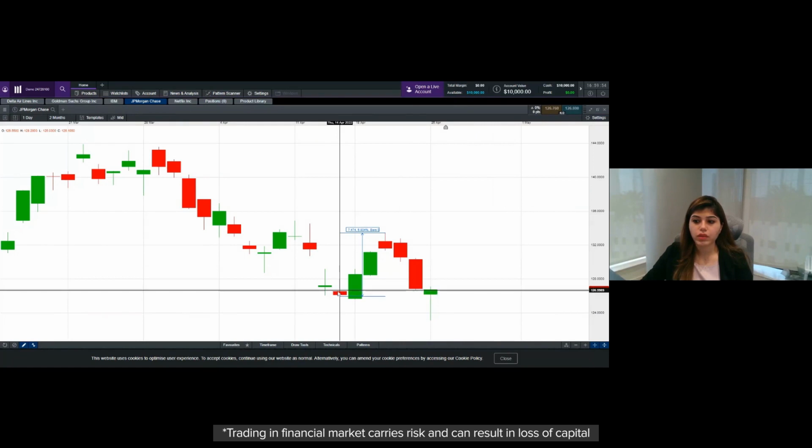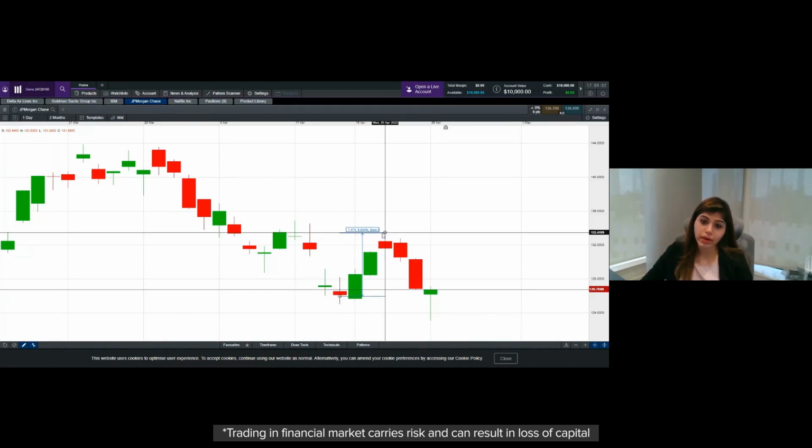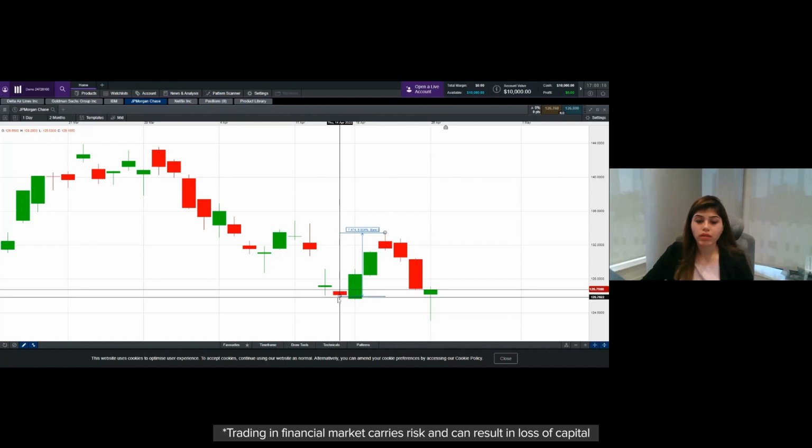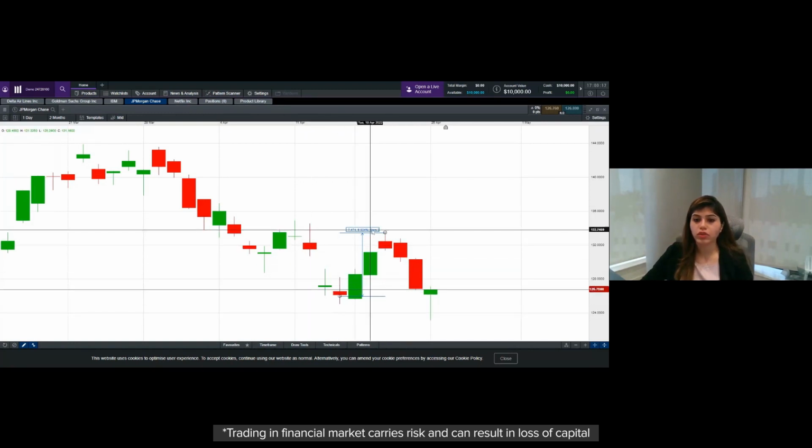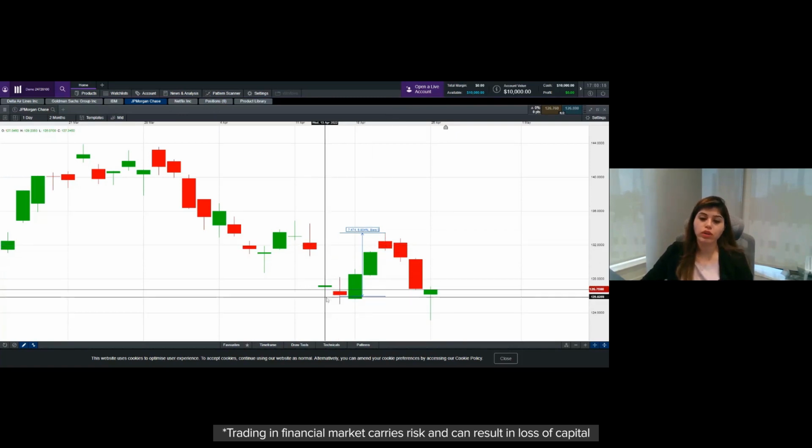If you can see the closing price out here on 14th April was 126, and the stock actually rallied by more than 5%. The high for the stock was almost 133.5. So you made almost $6, which is nearly 6% in a span of 2 to 3 days.